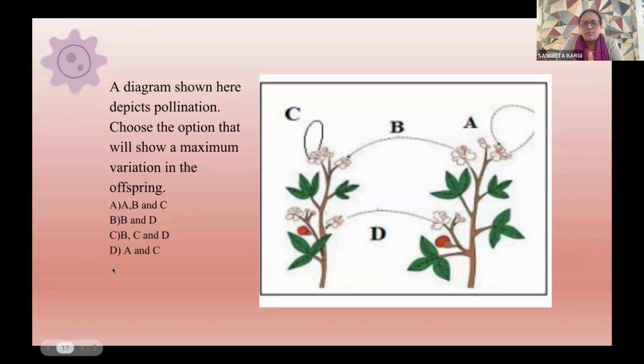However, in diagram-based questions, you need not draw the diagrams. There only the option will do. But suppose my answer is option B, then for question 7, I will have to write: answer option B, B and D. This is a new instruction that has come this year.